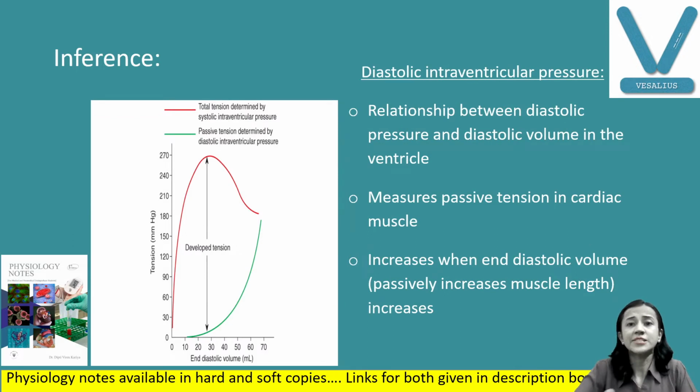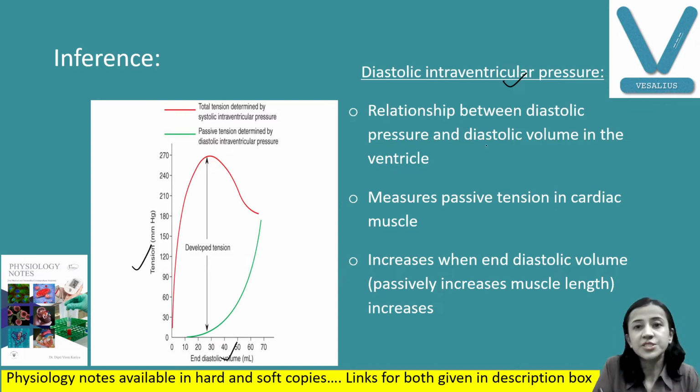Another curve here is the diastolic intraventricular pressure curve, the relationship between diastolic pressure and diastolic volume in the ventricle, and it measures the passive tension. As end diastolic volume increases passively, you can see here the tension increases. So this measures the passive tension.